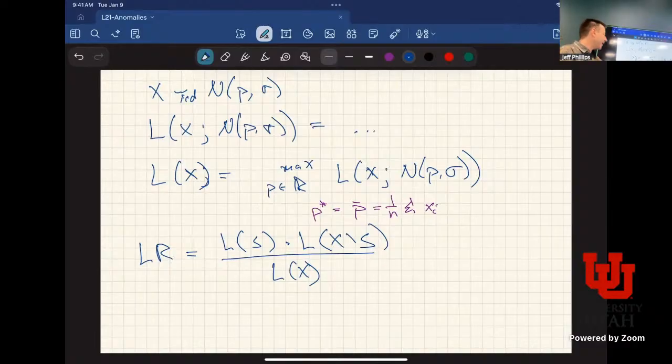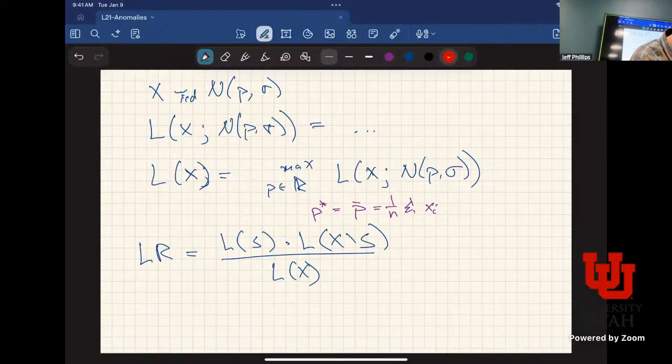This is the likelihood of the best fit model if we fit everything with one model, and this is if we fit a model for the stuff in the anomaly, and this is if we do it for the fit stuff outside the anomaly, right?